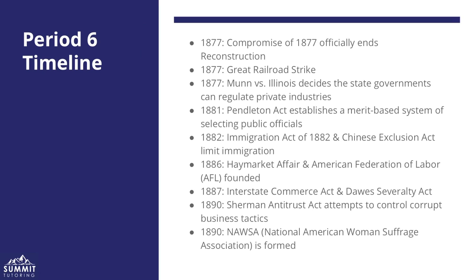So here's our timeline for period 6. It starts off with the Compromise of 1877. That's going to end our Reconstruction era. And I'll give you just a second to give this timeline a glance.